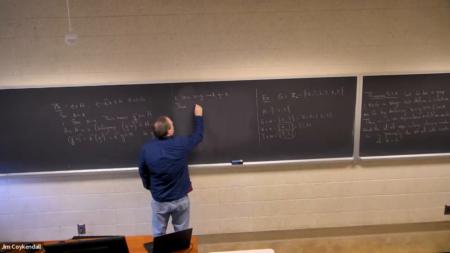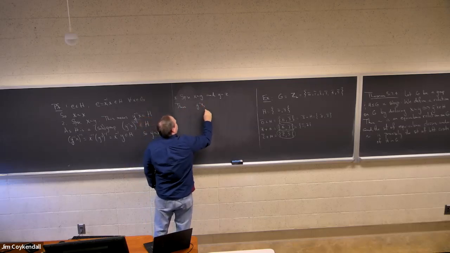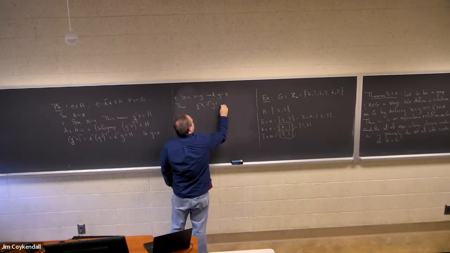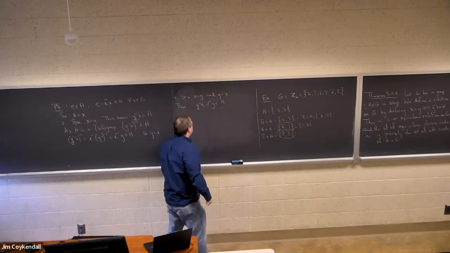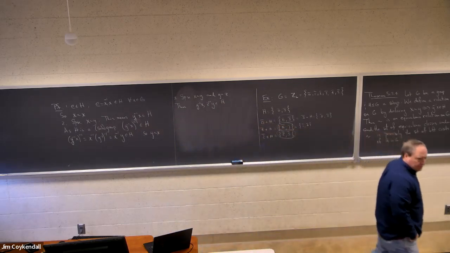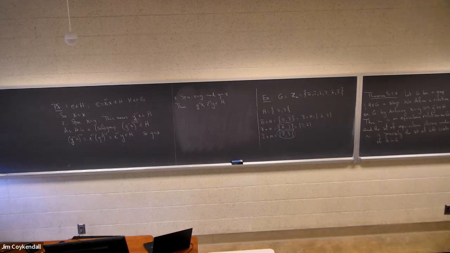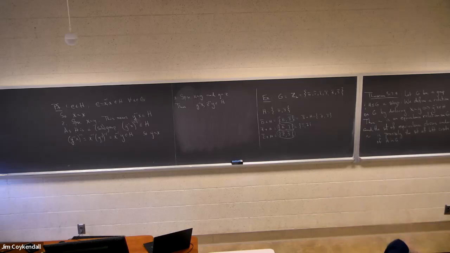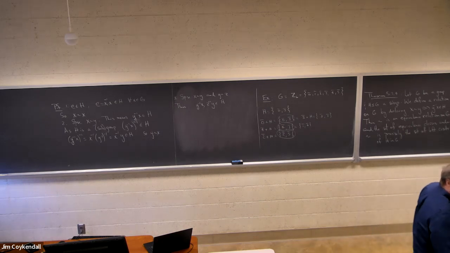This means that y inverse x and also z inverse y are in H. Everybody agree with it? Now, somehow I need to show x is related to y, y is related to z, and I need to show that x is related to z. So any ideas on how I do that?